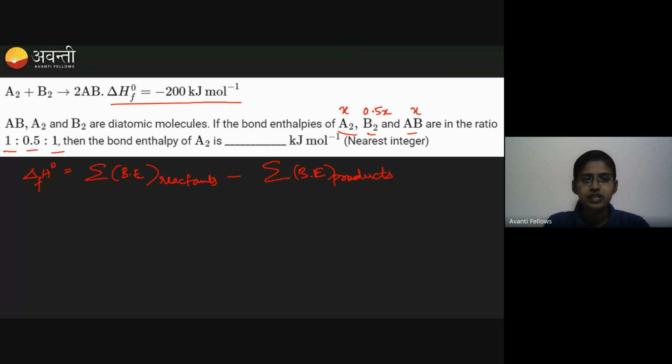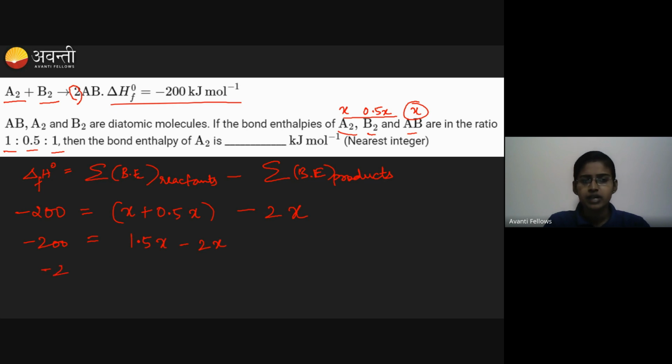Delta Hf is given in the question as minus 200, which is equal to, A2 and B2 are the reactants, and their ratio is X plus 0.5X, minus, for the product AB it is X, and here we have 2 moles of AB, so substitute 2X. X plus 0.5X is 1.5X minus 2X.